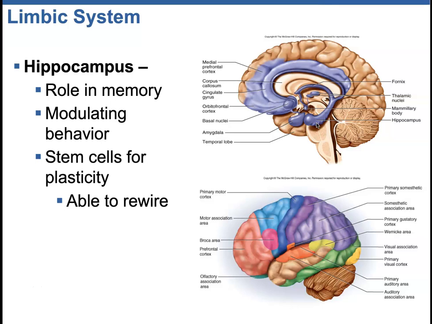So when individuals are going through some kind of trauma therapy, right, this is where we're able to really focus on those areas, and where the therapists are able to tap into those regions and help us reframe how we experience that trauma. They're able to do that because of the plasticity that we know now exists in that hippocampus. So that's what the hippocampus does. It's a big memory center, and it's able to modulate and change how we remember and feel those memories.